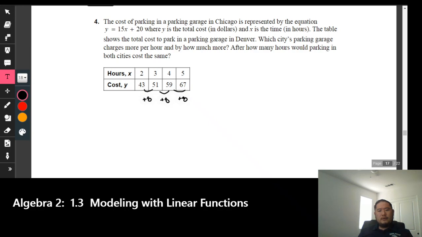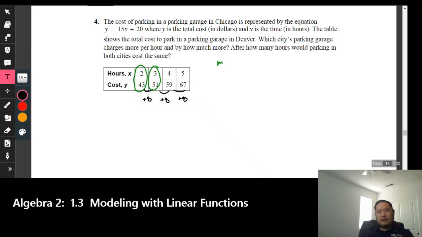All right, so the table shows the total cost to park in the garage. Let's figure out what our equation is. Well, how do I do that? Remember, these are points if we were to plot them. If we were to graph things out, those would be plotted points.